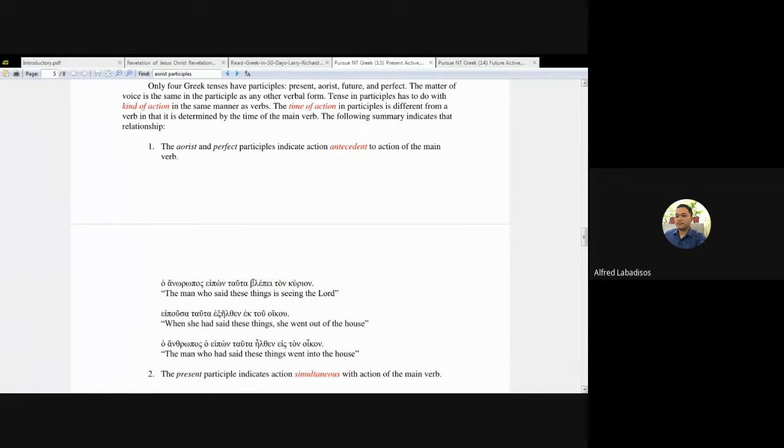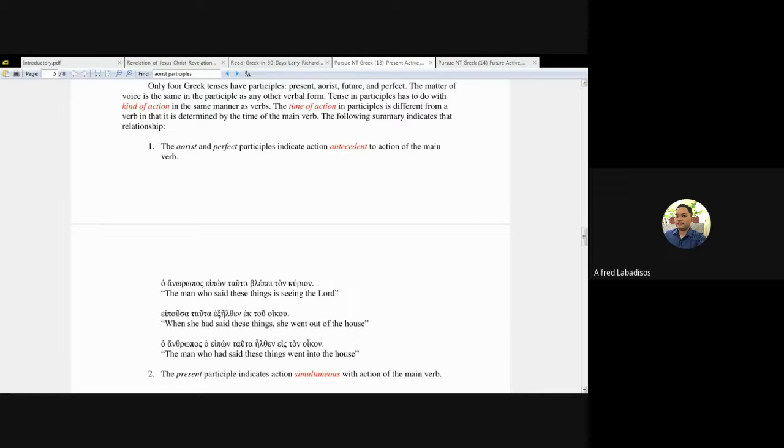What is the tense of the main verb here, blepe? Can someone parse blepe? Who wants to try? Kindly parse blepe. How to parse a verb?